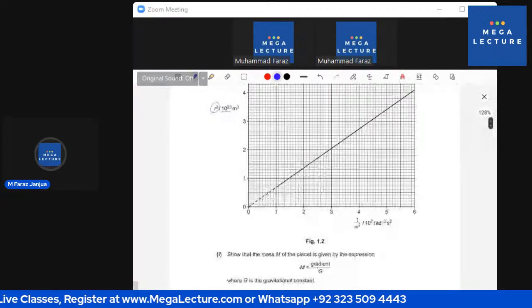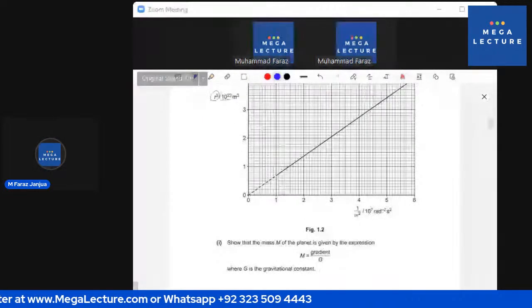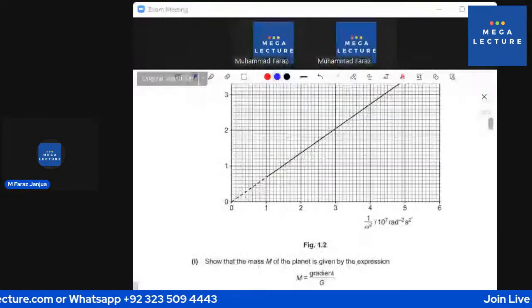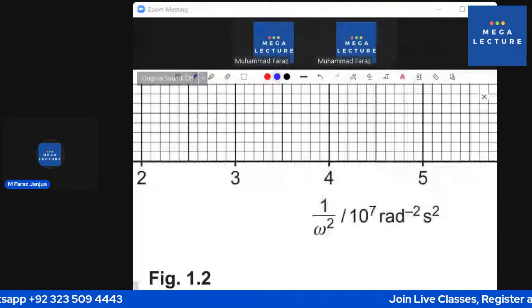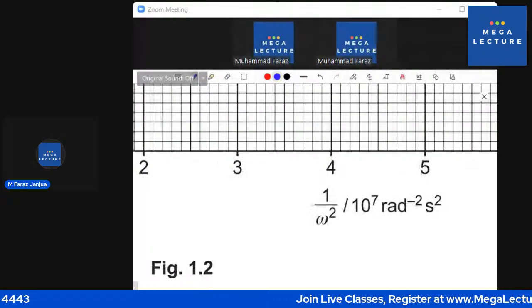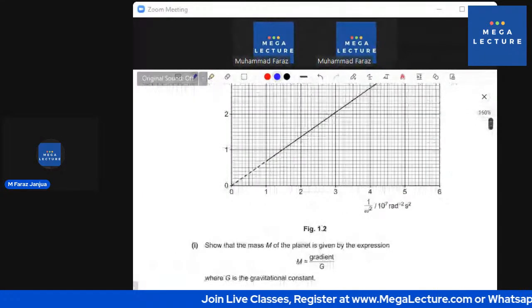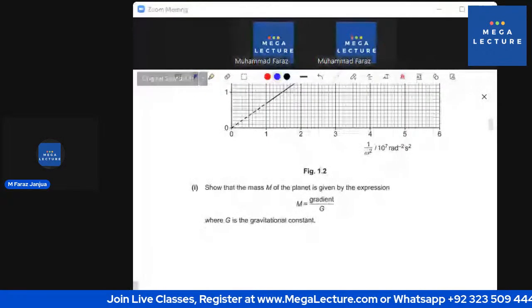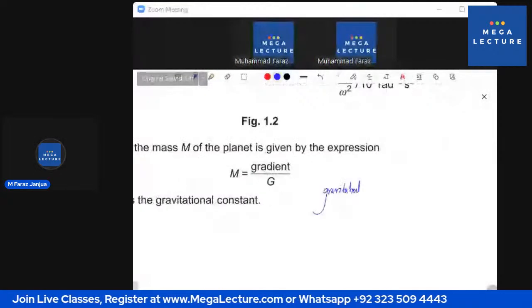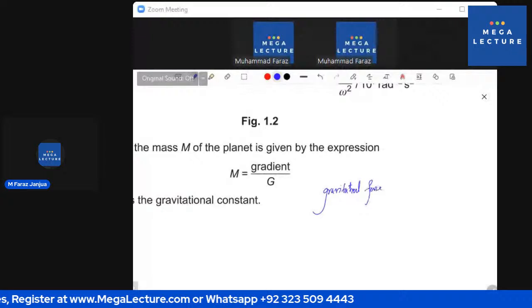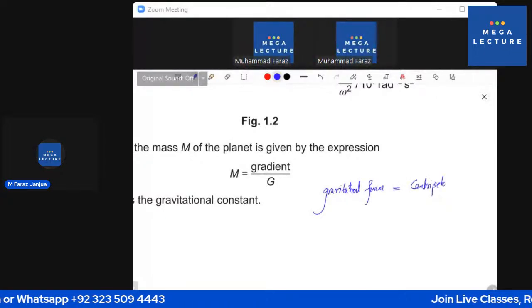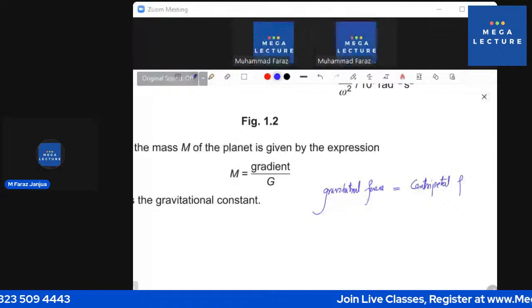As in the previous part, we were talking about centripetal force being provided by the gravitational force. So we can say gravitational force equals centripetal force.